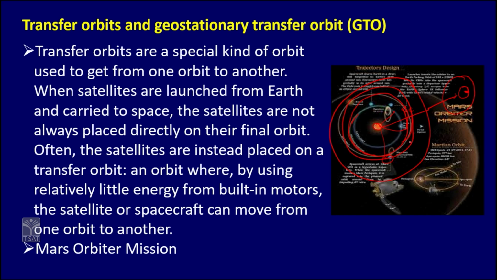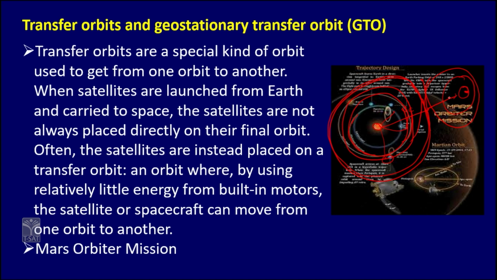From there again we gave another boost, then it reached something like this. When it came here, we gave another booster, and it came under the influence of Mars. Once it came under the influence of Mars, it would start revolving around Mars.